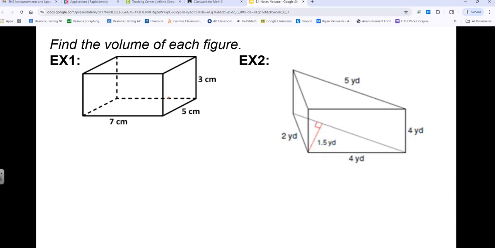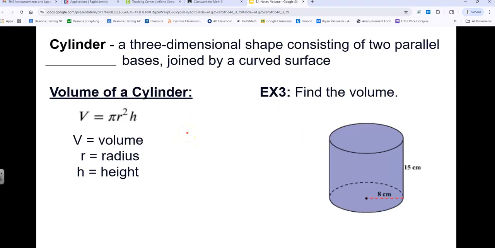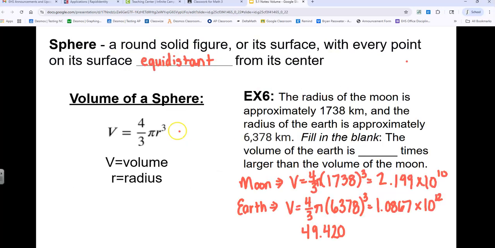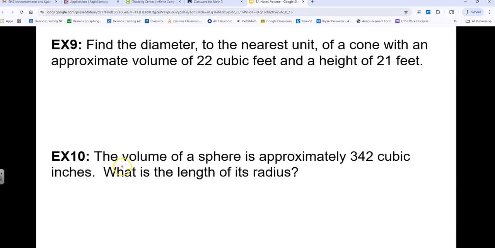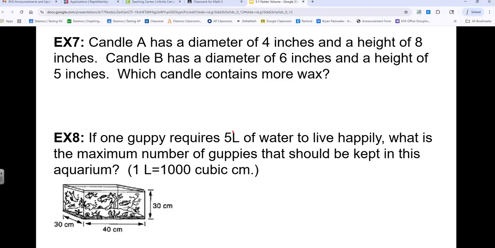What you're more likely to see, maybe they'll give you one like example 2. What you're more likely to see are questions like we see here in 7 or 8 and beyond. So I want you to just start going through these, okay?